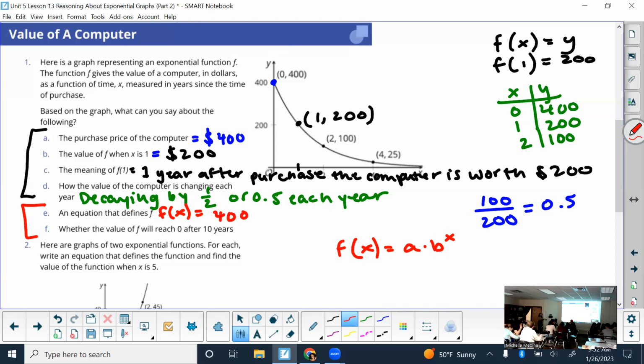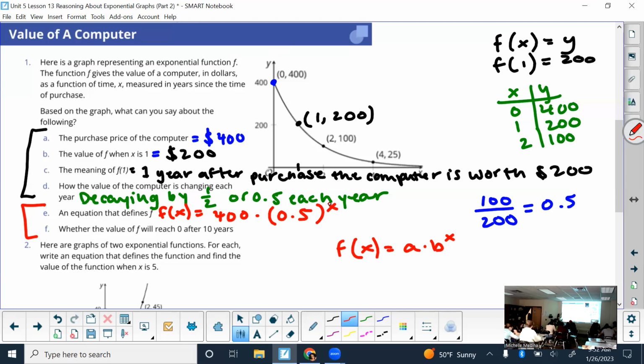Table 7, what is my B going to be? So 400 is the A. We want the B now. What are we multiplying by each time? Good. So times it by either 0.5 or 1/2, same difference, and then put it to the x power. That's what makes it exponential. So that's your equation. That makes sense?